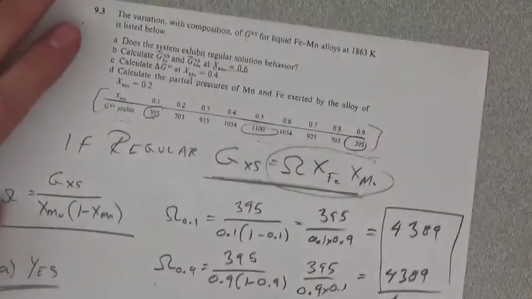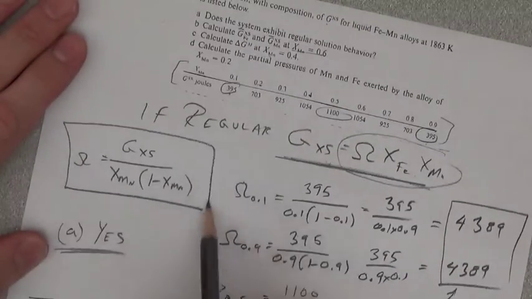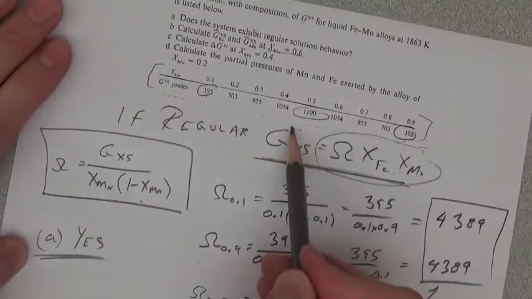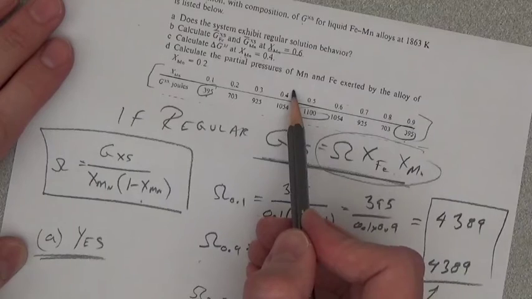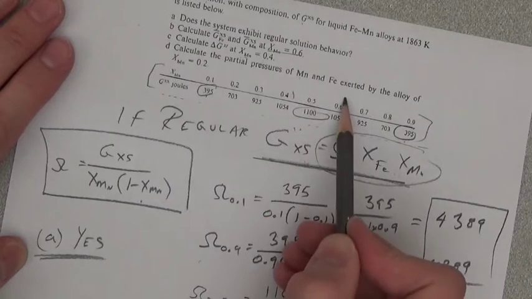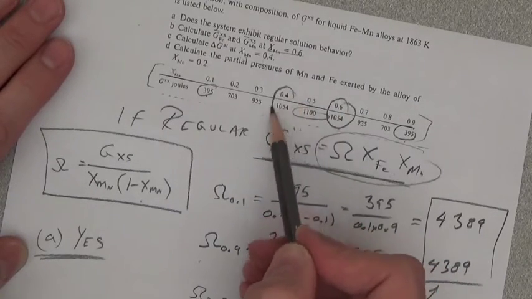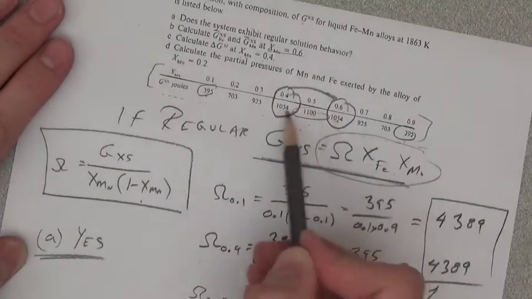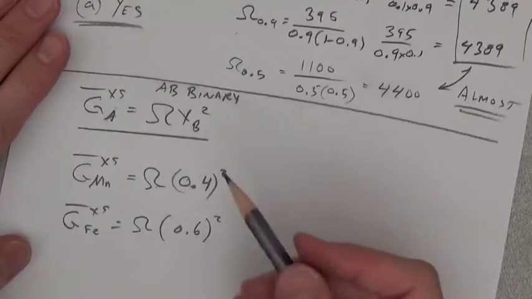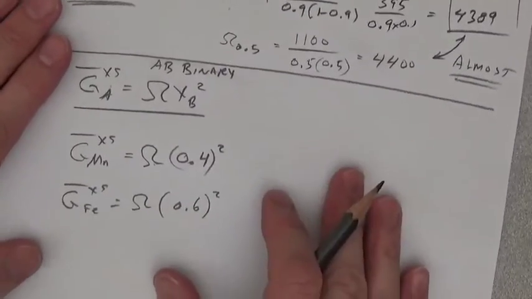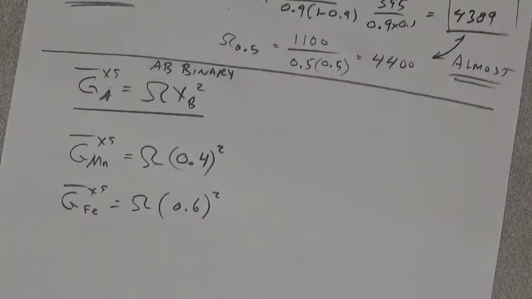Well, omega we have here, and we have data for 0.6. Well, I guess they're the same, because it's symmetric, because we're dealing with a regular solution.